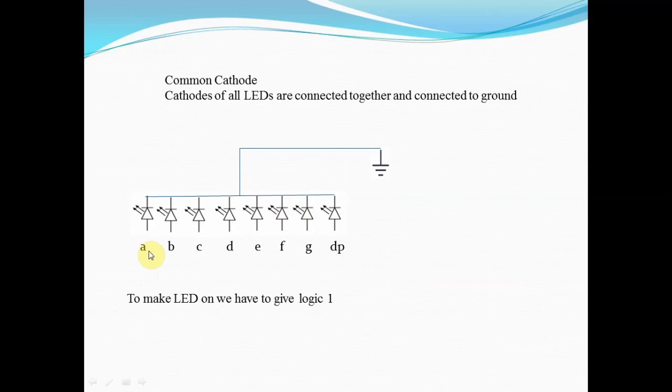If you want to turn an individual segment on, then you have to apply logic 1 on these segments, that is A, B, C, D, E, F, G. These are the points where we can give logic 0 or logic 1. But in case of a common cathode, we have to apply logic 1 if we want to turn a particular segment on. So this is the internal arrangement for common cathode.